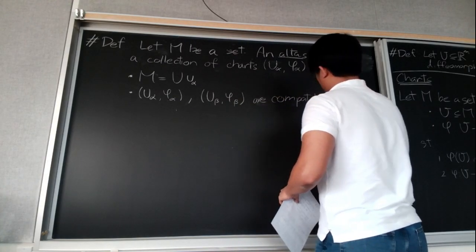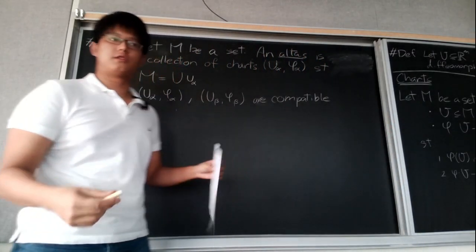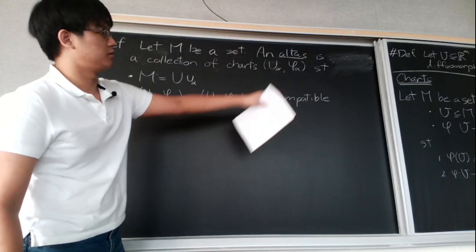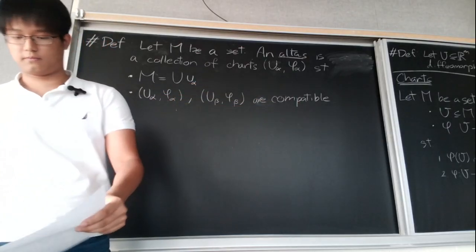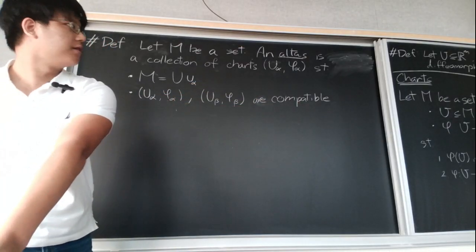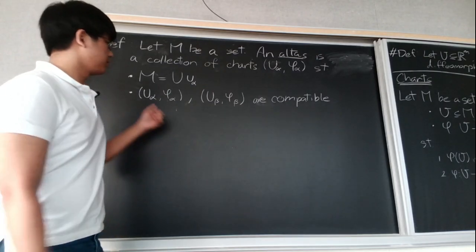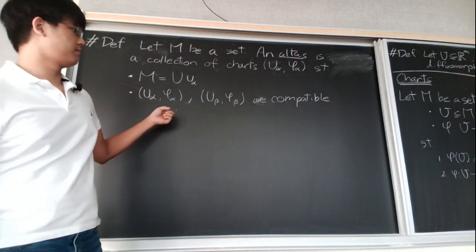If you are in this collection of charts, then any two charts in the collection should be compatible, according to the definition we had on the previous one. This is an atlas. So an atlas is just a bunch of charts stitched together that cover all of M.